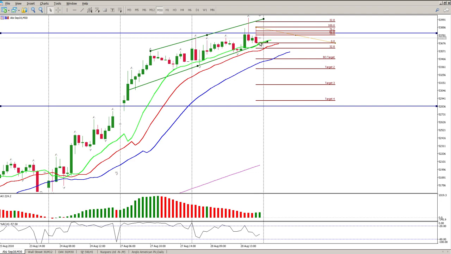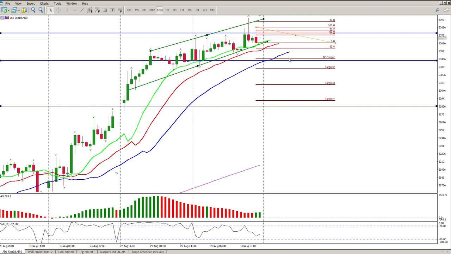okay, or alternatively we have a potential to break, and if we do break the channel, then you're going to pick up the targets based on your closing range. Okay, so the first target would be the range target, which is pretty much right here, and you can basically just line it up at the bottom of all these bars here, because that is the most logical point of support.